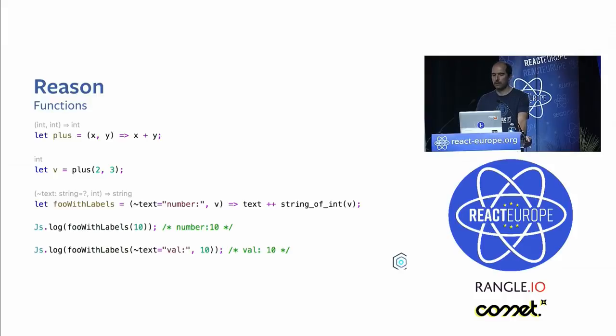So there are 2 ways of calling this function, foo with labels. You can either pass it a number, which corresponds to the second argument v, and so the default string number is used. Or you can explicitly pass text equals val, and so you override the default value with the string val, and so the new value is used.